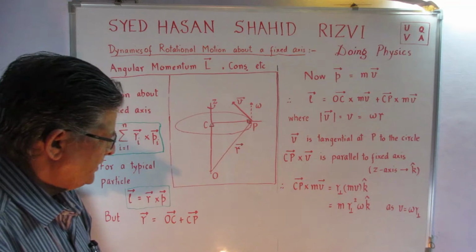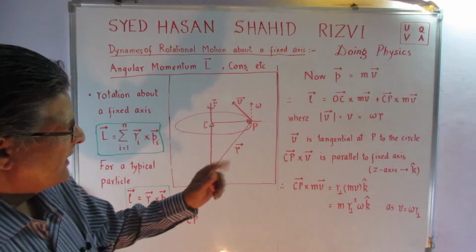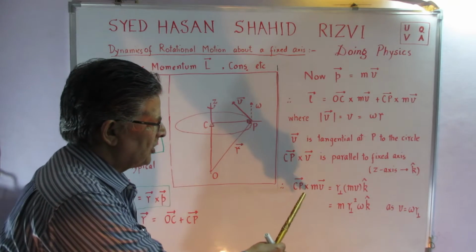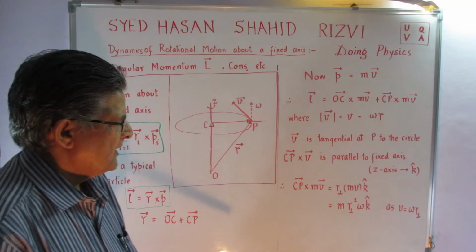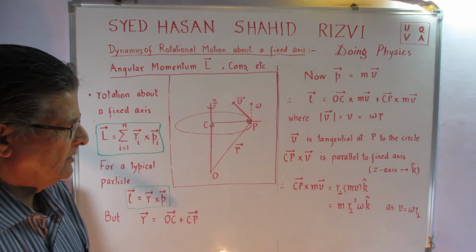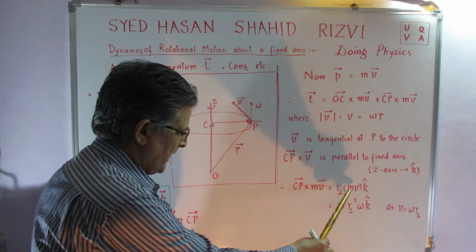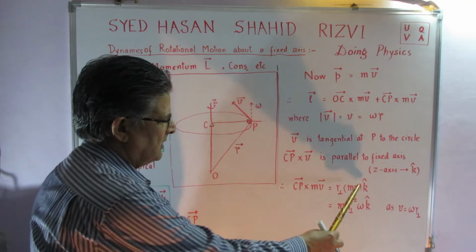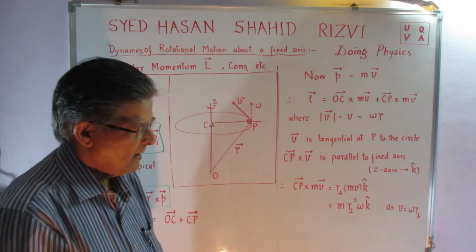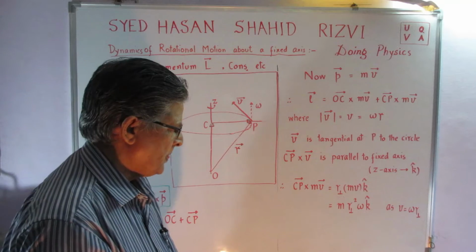So I can write for the first part, CP cross MV is equal to R perpendicular into MV K cap, where R perpendicular, M and V are scalars.